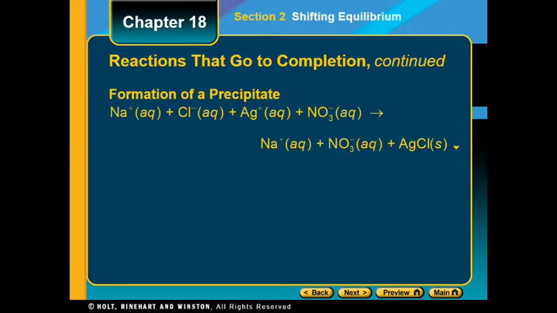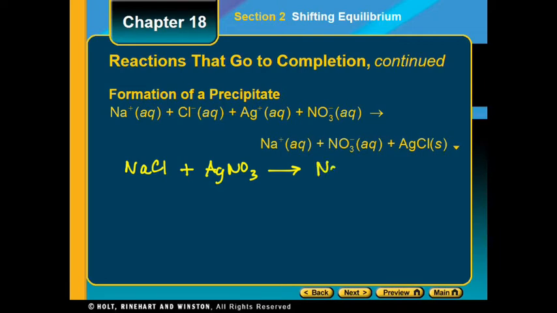And in this one, formation of a precipitate. This would have started off with sodium chloride and silver nitrate. We're already looking at an overall ionic equation right here.